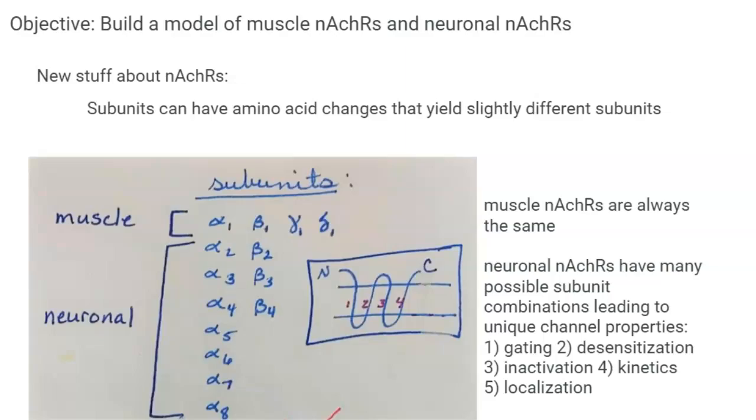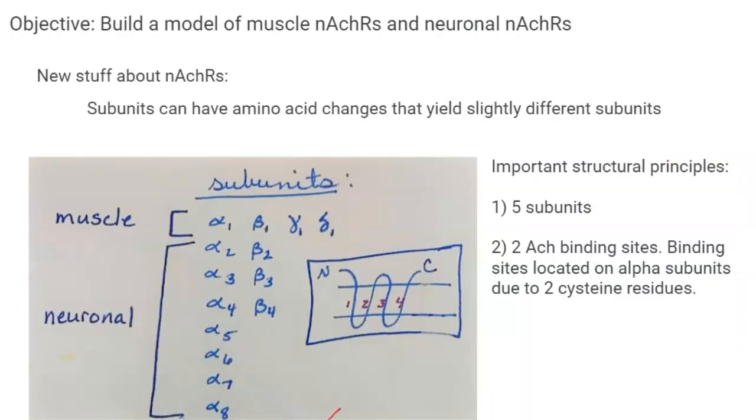All right, so when we are thinking about nicotinic acetylcholine receptors, there are a couple of important structural principles, right? You need to remember that muscle is always the same, and that each nicotinic acetylcholine receptor needs 5 subunits. And then, like I mentioned before, each nicotinic acetylcholine receptor also needs 2 alpha subunits.